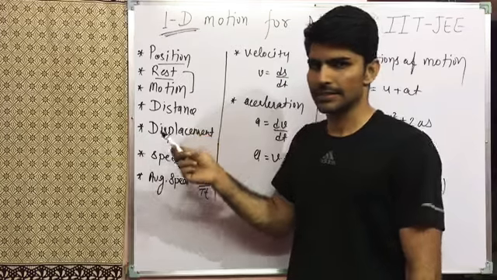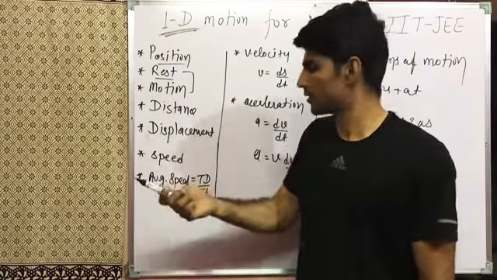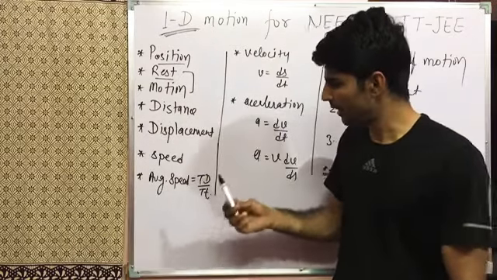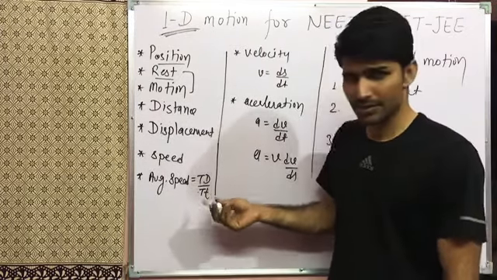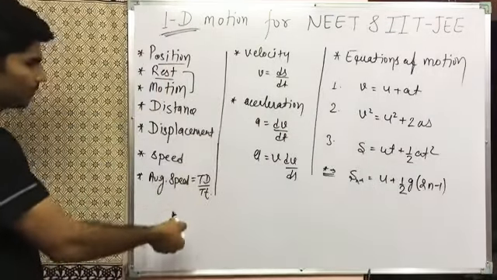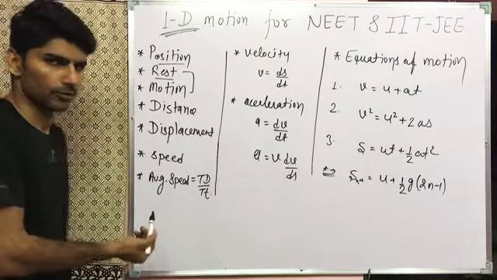Distance is the total path covered by the object, displacement is the shortest distance, speed is total distance upon total time, and average speed is the total distance upon total time. All these 6 or 7 factors are given in the class 9th book and again in the class 11th book.